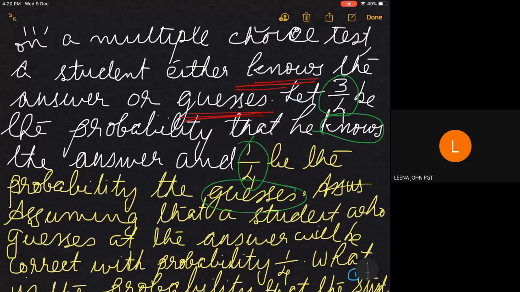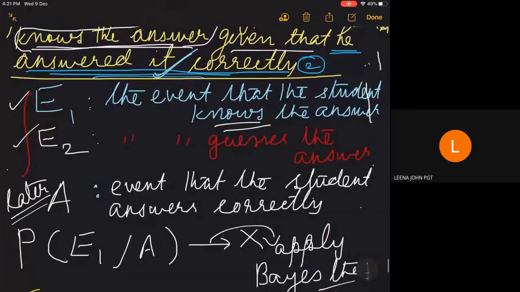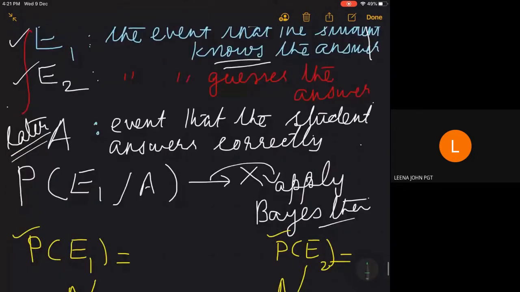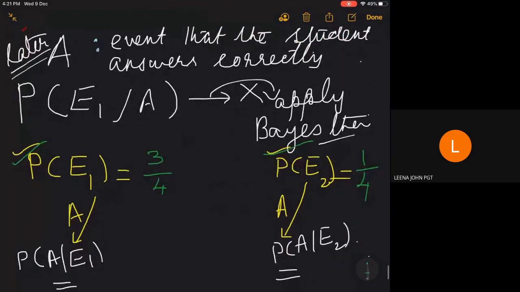So we can write here P of E1 is the probability that he knows the answer, because E1 is defined as that he knows the answer. So it is given as 3 by 4. Probability of E2 we can also write without getting the information directly, because the total probability of P of E1 and P of E2 together must be equal to 1, so it is 1 by 4.